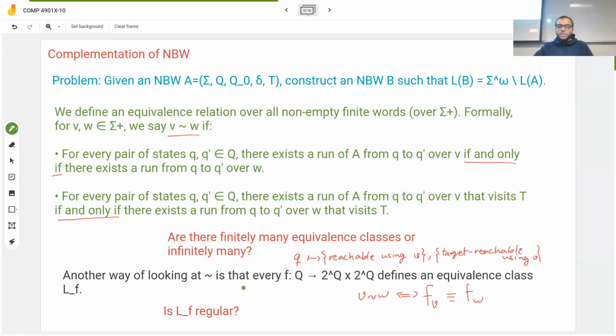So for every equivalence class F, I have a language LF, which is the set of words that basically correspond to this function, and this language is regular. And I know how to find an NFA for it. Okay. Going forward.